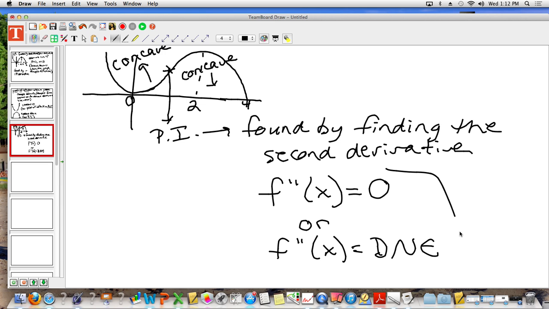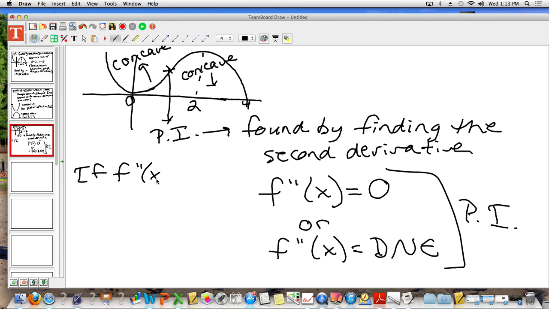These are our PIs. So when our second derivative equals 0, whatever x value makes our second derivative 0, that x value is a point of inflection. It can't be anything but that. When it's 0 or if it does not exist. And if it's something else, it doesn't have one. Right, yep, exactly.